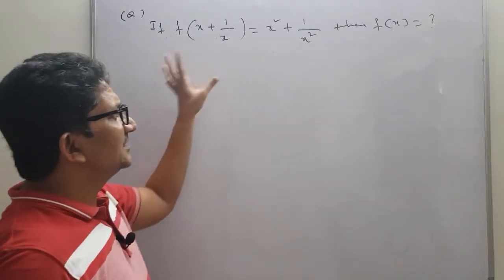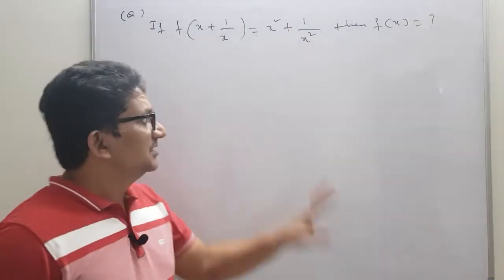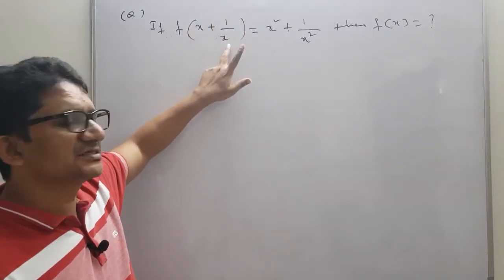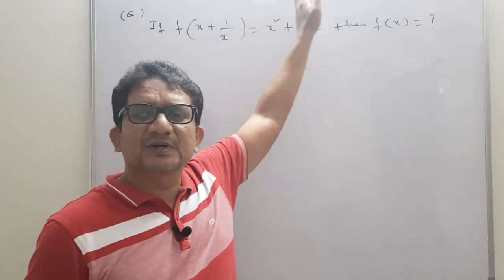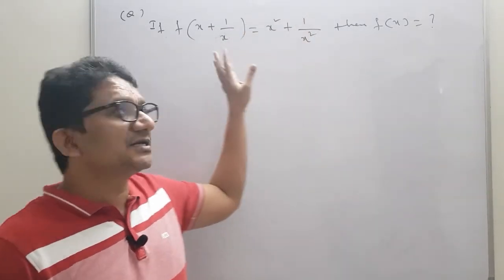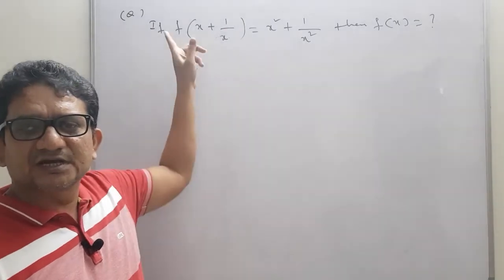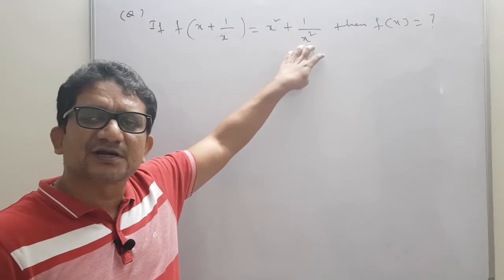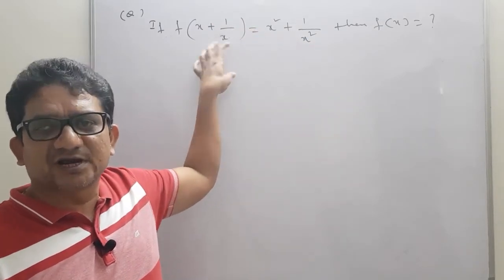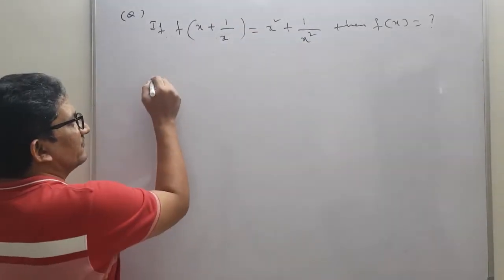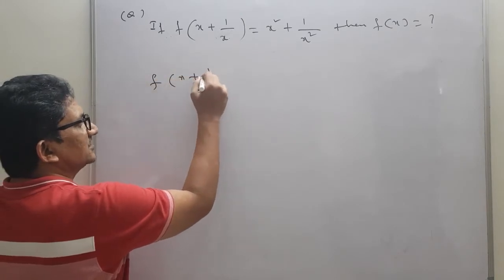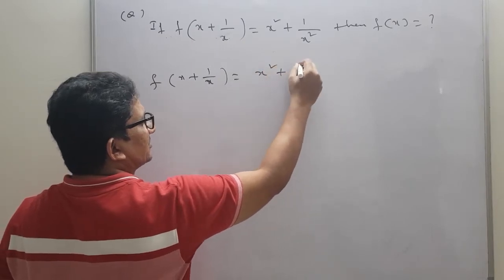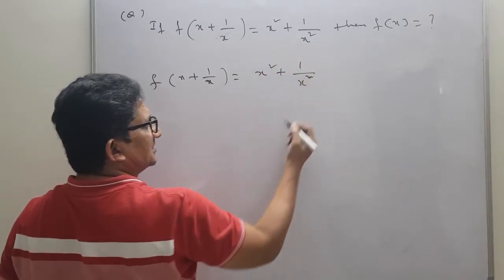Now students, in such problems how to handle is, whatever thing is there in the bracket, here x plus 1 by x is there, try to manipulate the right hand side part according to the bracket. So try to manipulate RHS according to the bracket, means f of x plus 1 by x equals to, we can write it like this: x square plus 1 by x square I am keeping as it is.